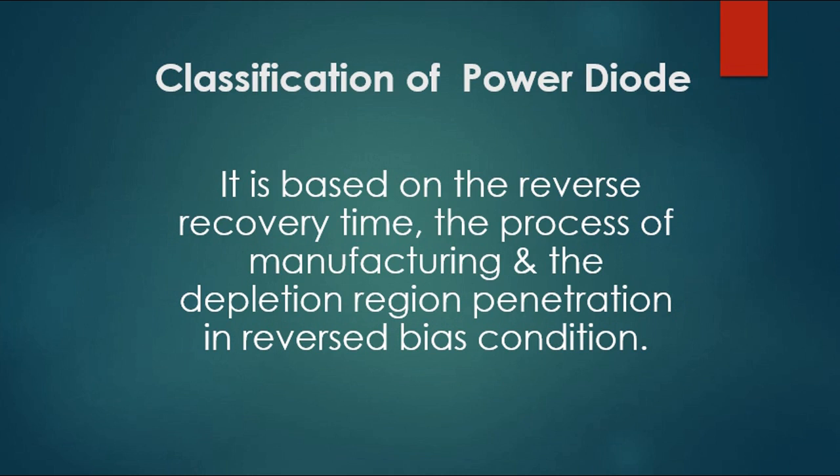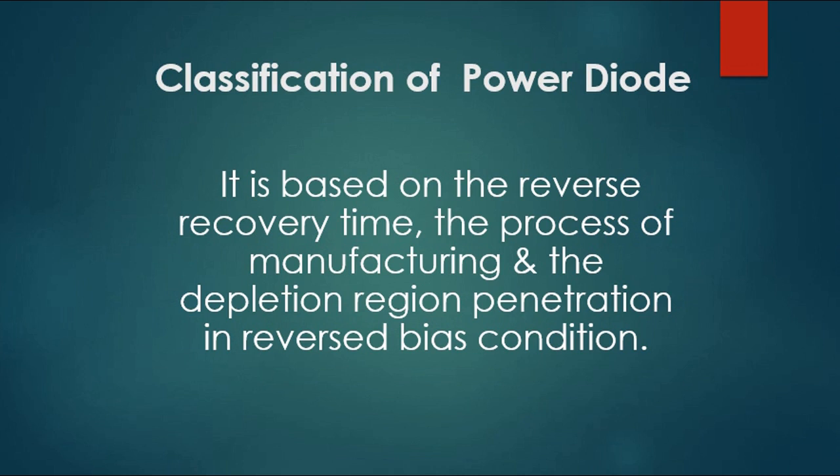If you are a good student, maybe an electronics student in year 3, year 4, or final year, you will at least understand exactly what I am saying. For a power diode to be classified into types, it is based on the reverse recovery time, how it recovers, the process of manufacturing, and the depletion layer.